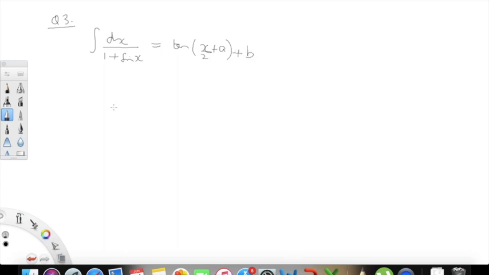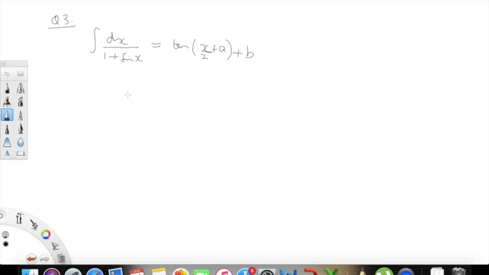So we need to find out the value of a and b. Now in this particular question you cannot go by solving it in any method you want because the answer is specific over here. So how do we take it in this form, right? We need to solve it in the form of tan.